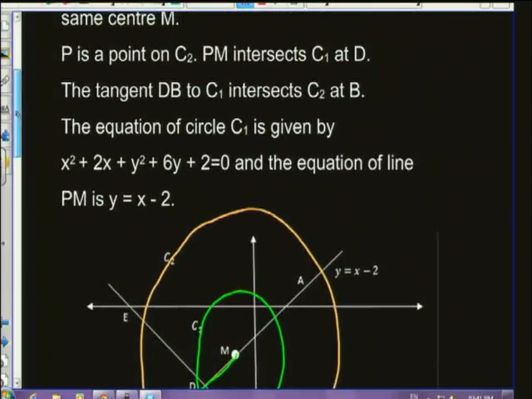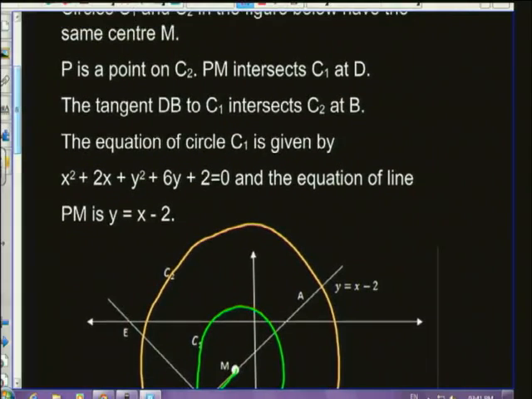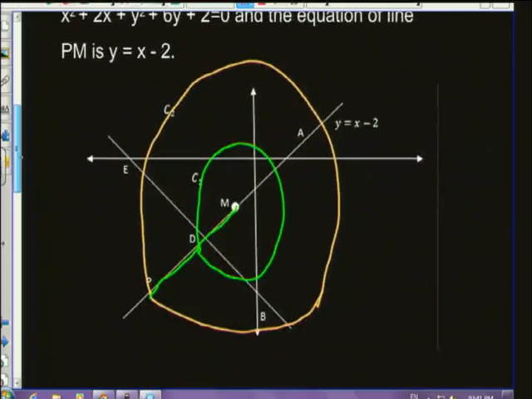The tangent DB to C1 intersects C2 at B. Okay, so if that's my point B there, the tangent to C1 will go through B.